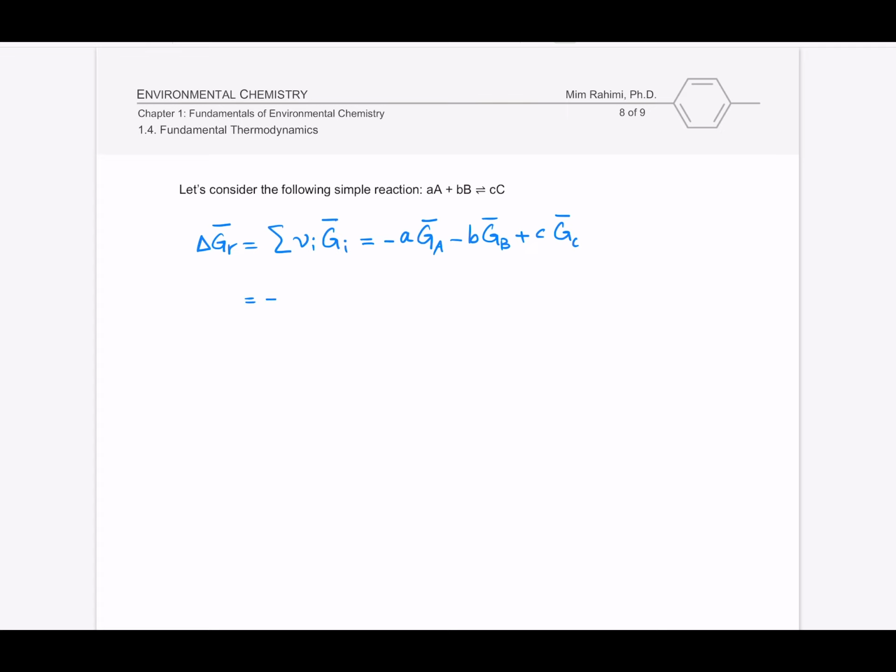So basically what we have is minus A, then G_A at the standard condition per mole plus RT ln of the activity of A. The same thing for B would be G0 of B plus RT ln of B, plus C G_C standard plus RT ln of C. I'm using again one of those expressions we had, how to calculate G for species i per mole at non-standard condition based on the standard value we have.